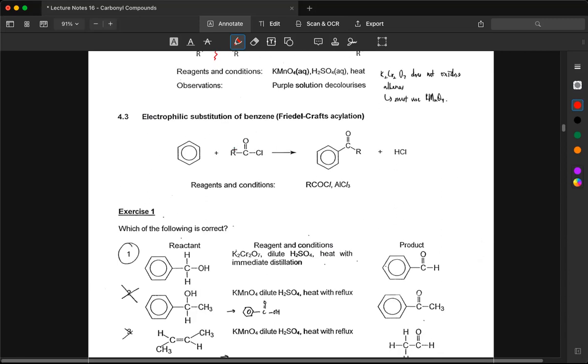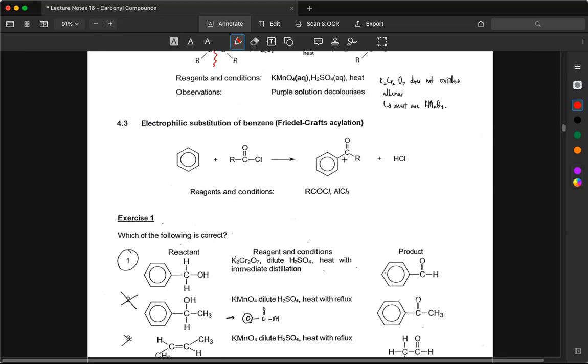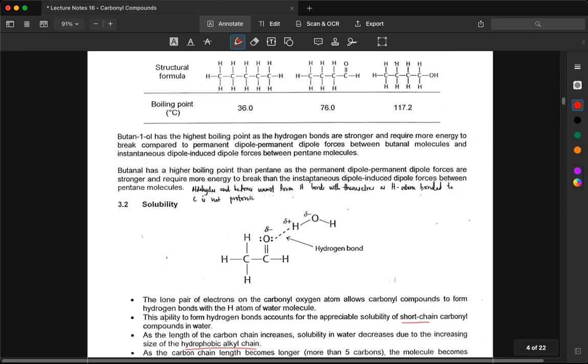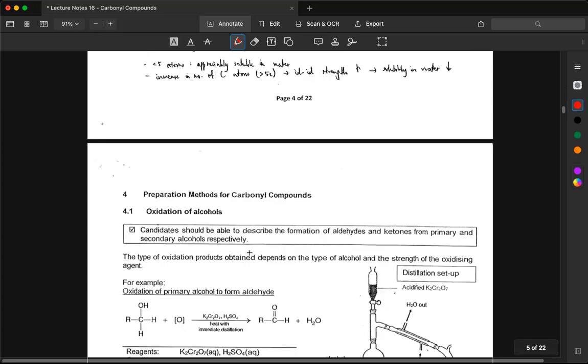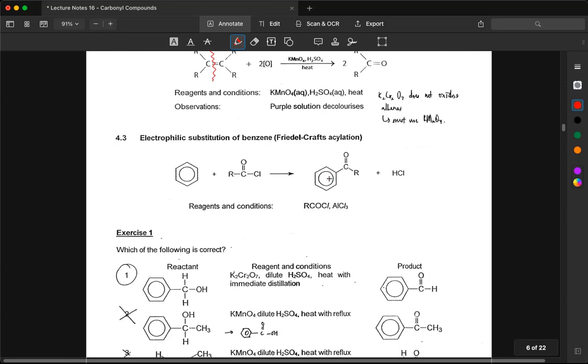Or you can make this using Friedel-Crafts acylation.